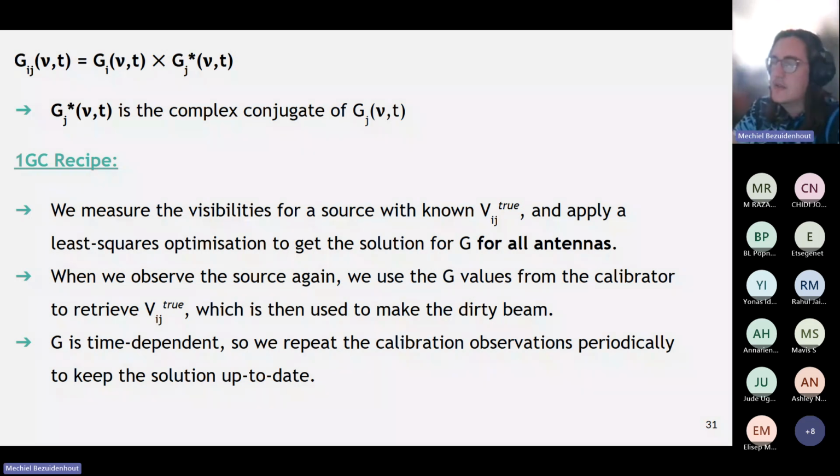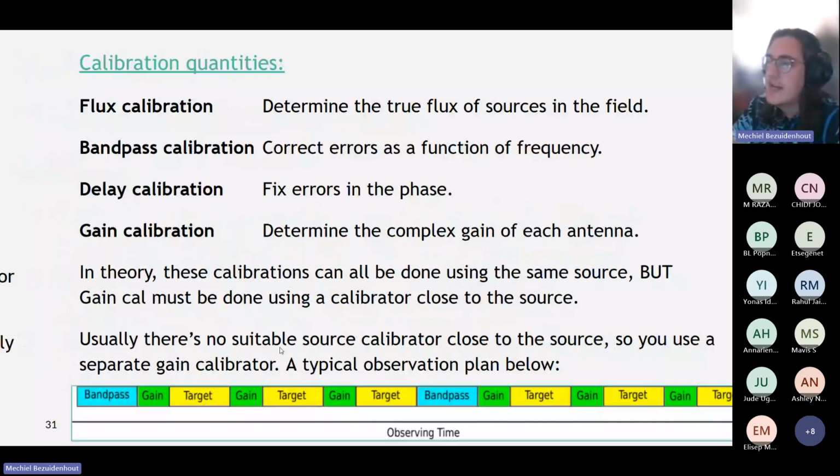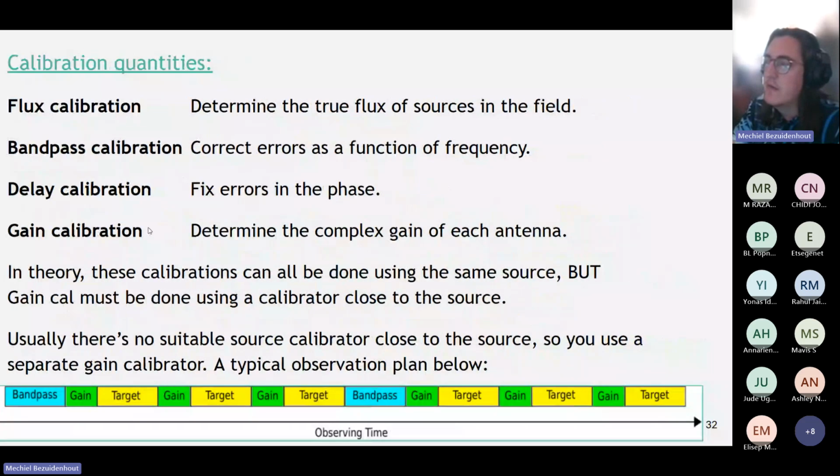So this G factor encompasses different effects, and you can calibrate for different quantities using this, right? So you can do flux calibration, which means that you calibrate for the true flux of sources in the field. So you measure the flux for a known source with a known flux, and then you can use that to scale the fluxes that you measure for your source.